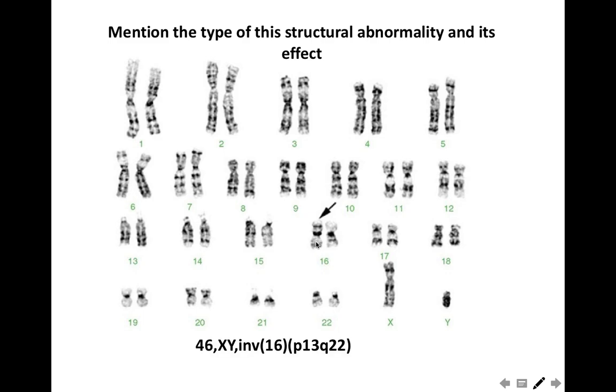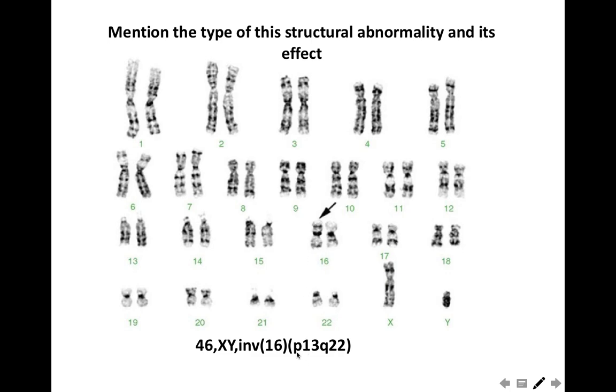So this is a case of inversion that is affecting chromosome 16, and it involves the P arm and the Q arm. P in region 1, band 3, so the break happened here, and the break happened in the Q arm here, region 2, band 2, and then the segment was reversed.